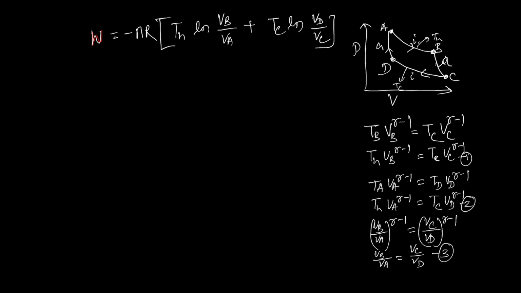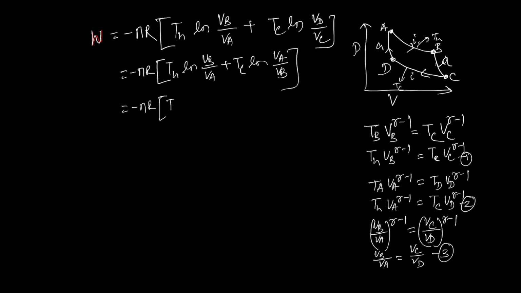Now, use the relation in 3. In this equation we get minus NR Th ln Vb by Va plus Tc ln Vd by Vc, and Vd by Vc will be Va by Vb, so it becomes minus Tc ln Vb by Va.